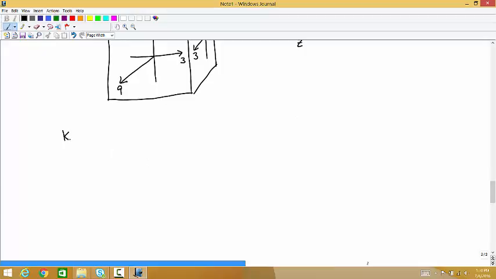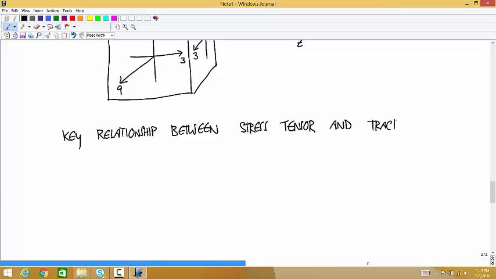So this is a key relationship between the stress tensor and the traction on an arbitrary face, or let's say on a given face.